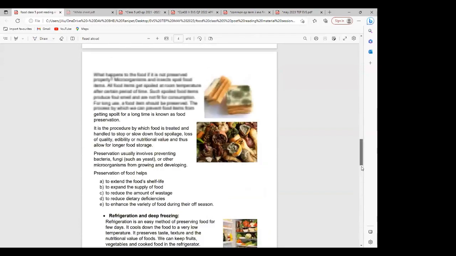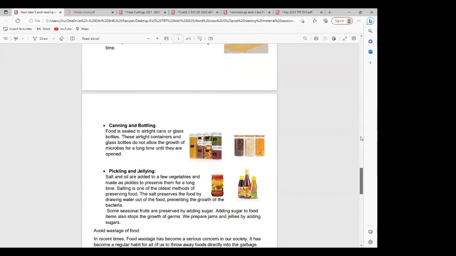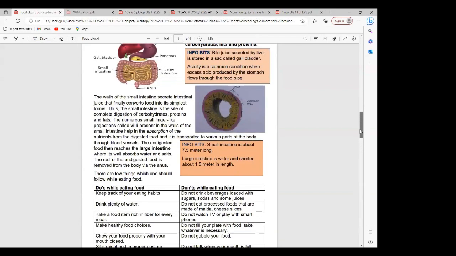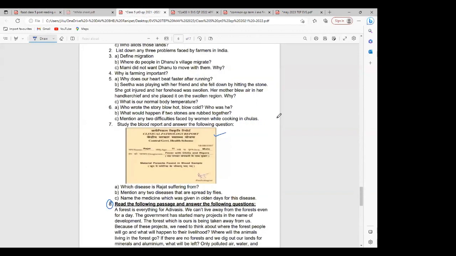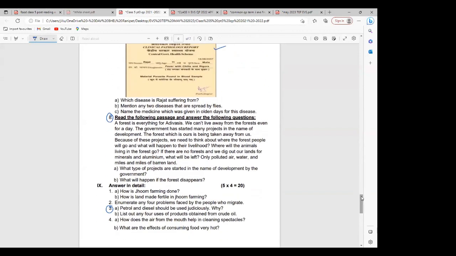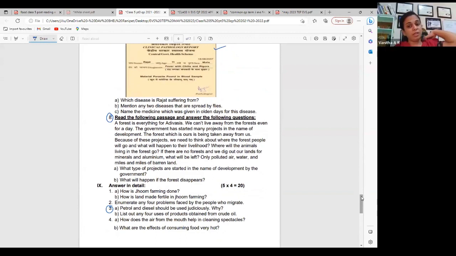Ma'am, I have a question about framing questions for the passage. I don't understand that part, ma'am. Do we have to take the content from the textbook, or give content ourselves related to it? If you can take from the textbook, it is well and fine, because nobody is going to stop you from doing that. If you take some related content, that is also fine.